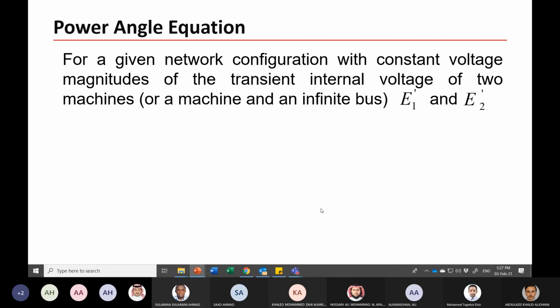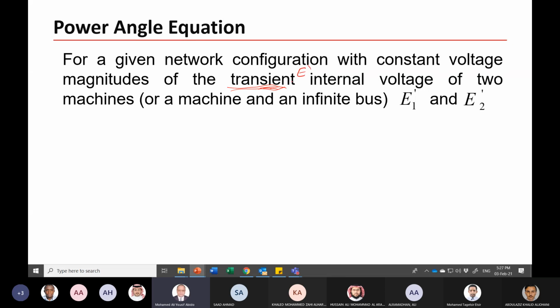So for a given network configuration with constant voltage magnitudes of the transient internal voltage, which is E prime. Transient, as we mentioned last class, means prime, and subtransient means double prime in our notation here in stability.